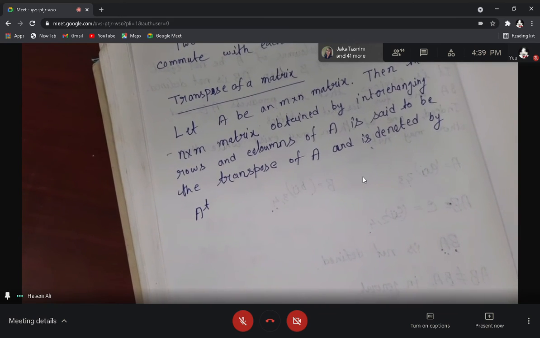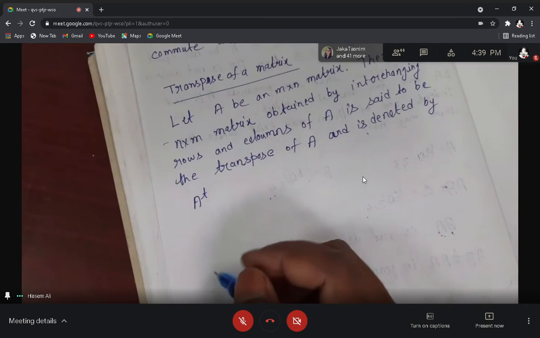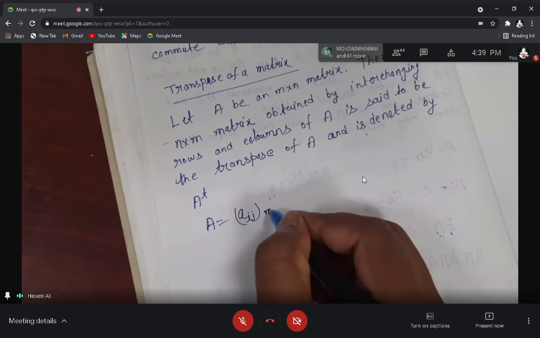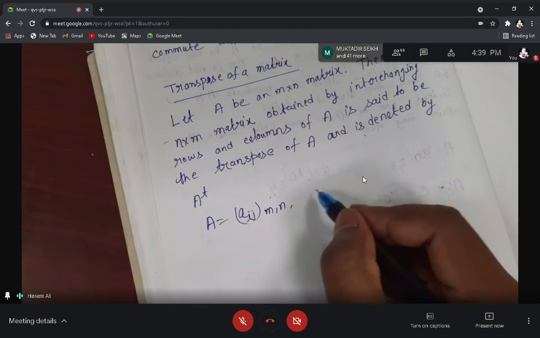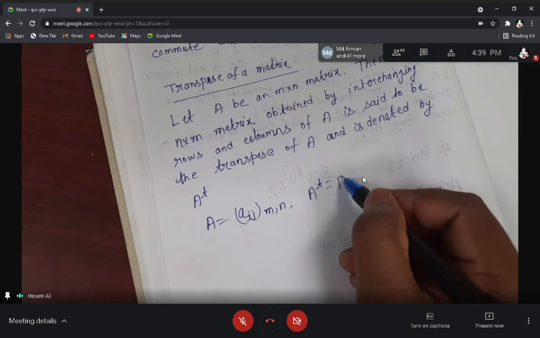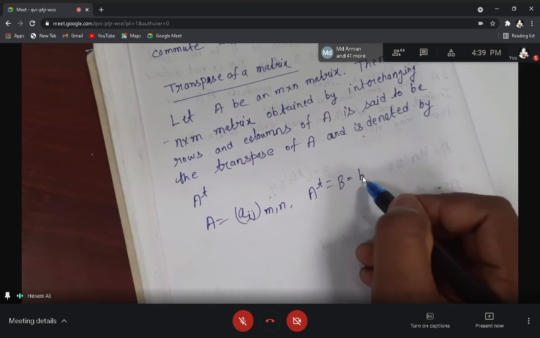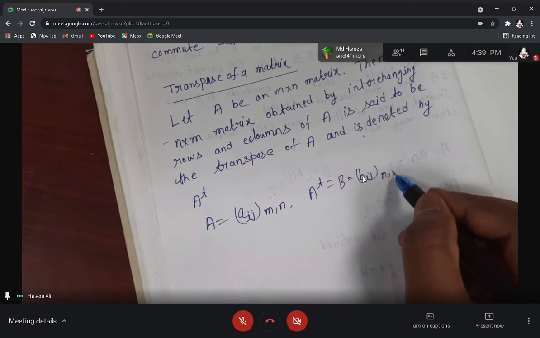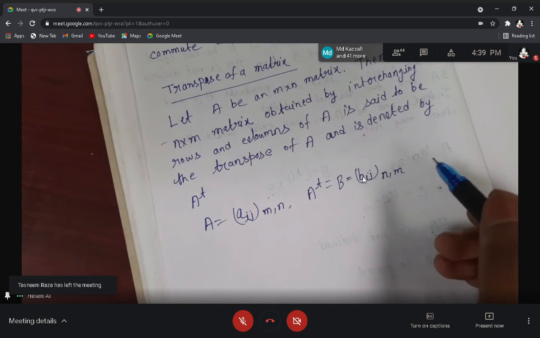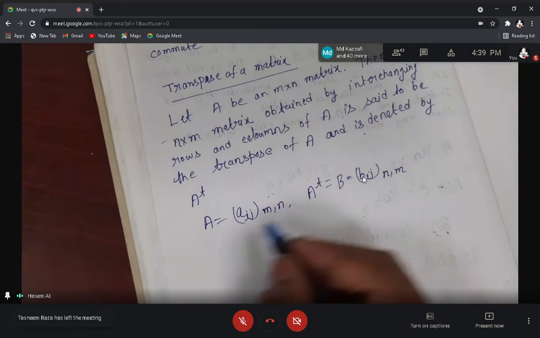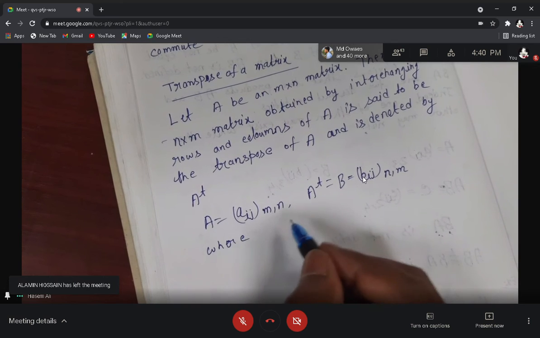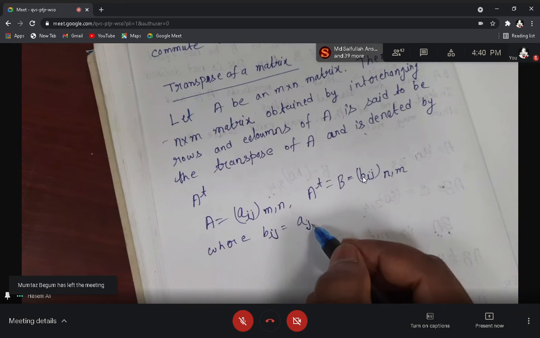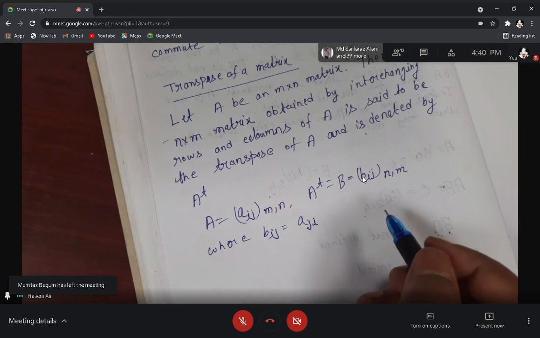Thus, if A equals Aij of order M by N, then A transpose equals B equals Bij of order N by M, where Bij equals Aji.